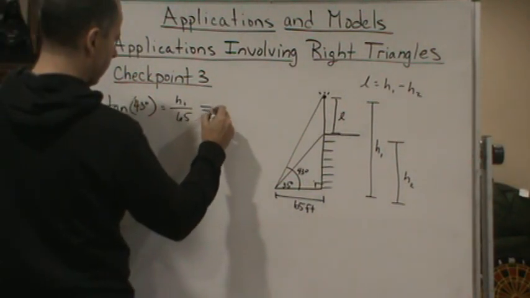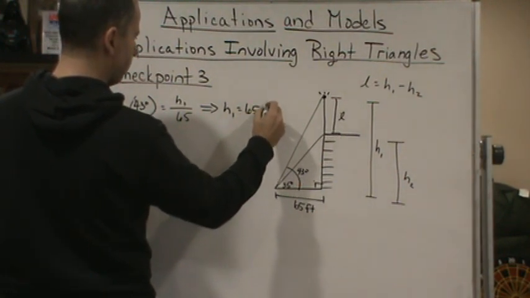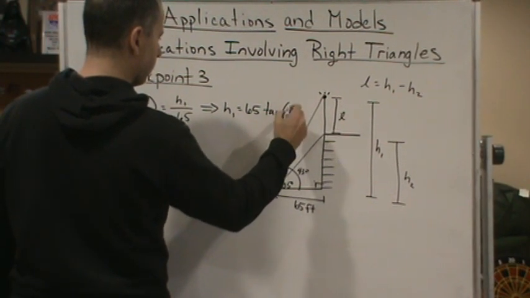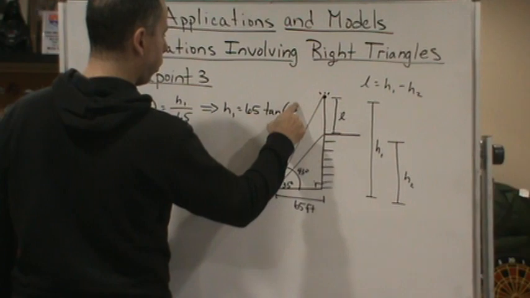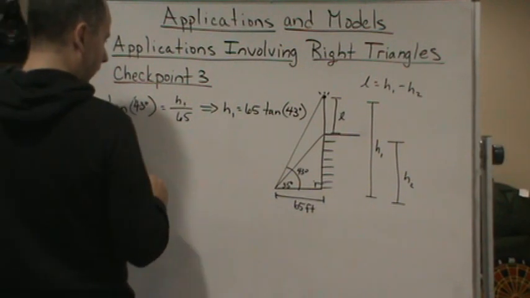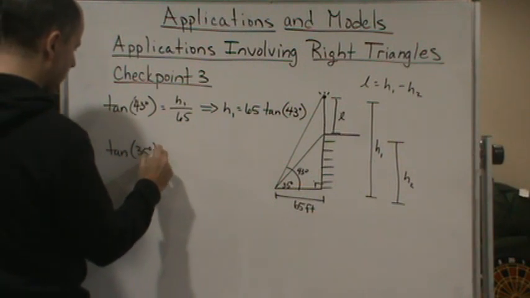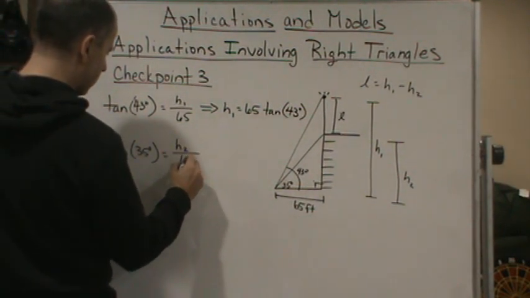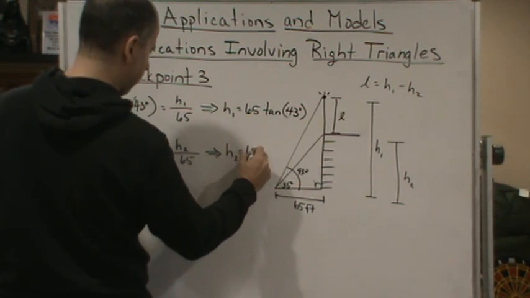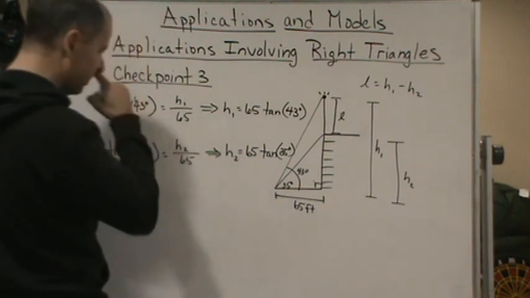If we solve for H1, H1 is going to equal 65 times the tangent of 43 degrees. And similarly, tangent of 35 degrees equals H2 over 65, which then gives H2 equal to 65 times the tangent of 35 degrees.